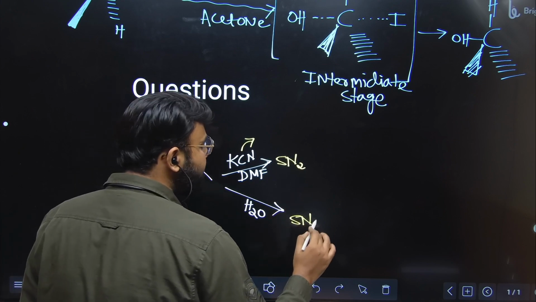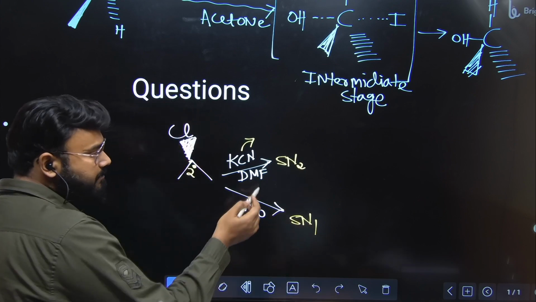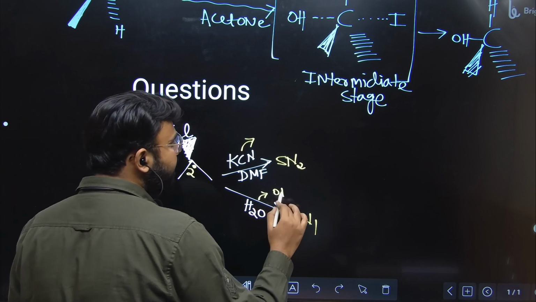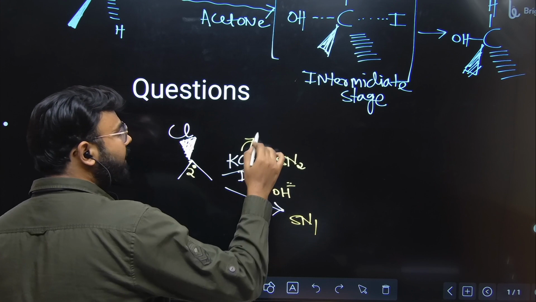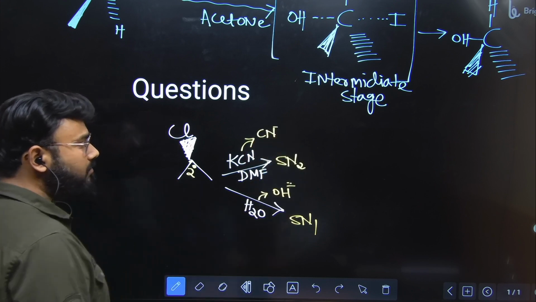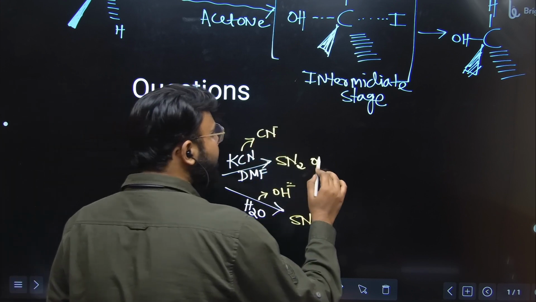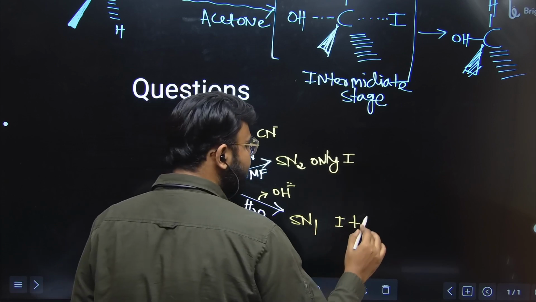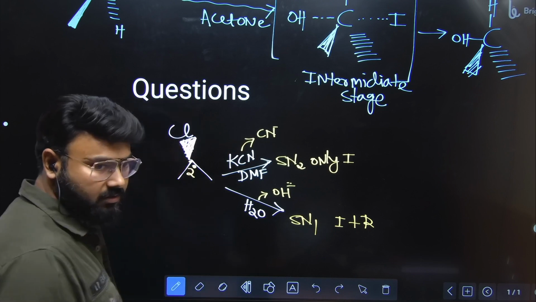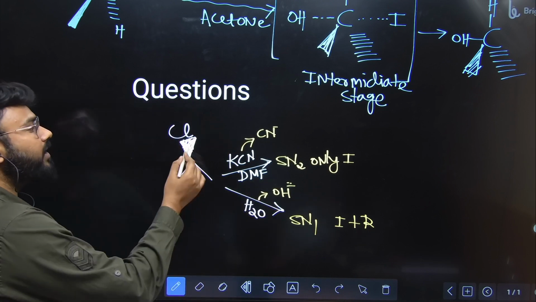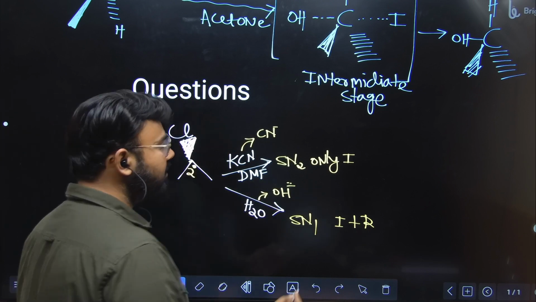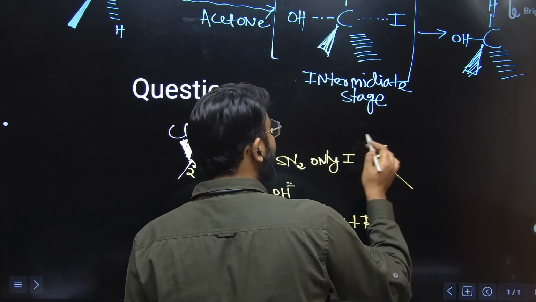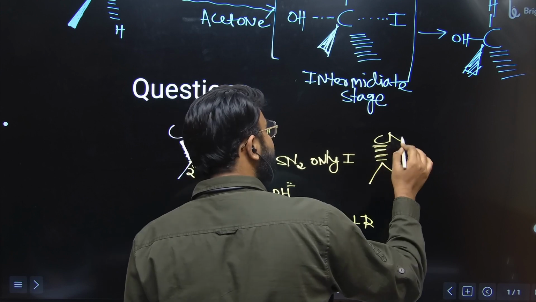H2O will cause SN1. Polar aprotic and polar protic, right? H2O, what nucleophile will generate? OH minus. What will be the nucleophile here? CN minus. Now we know here it is only inversion, and here it is inversion plus retention both. So only inversion means the wedge you make it a dash. Paranit, you understood now? So in the dash you put the new nucleophile, that is CN.